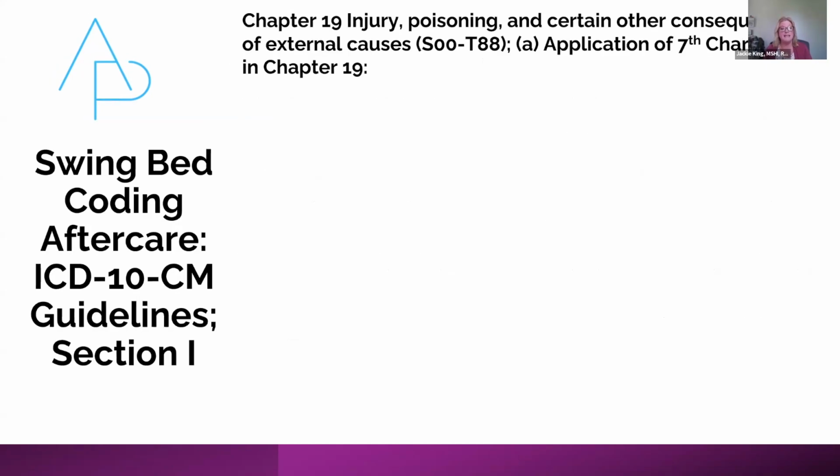Going over to chapter 19 in the ICD-10 guidelines, injury, poisoning, and certain other consequences of external causes. What I mentioned earlier about that 7th character. When you're in this section, there are 7th characters that tell the rest of the story. Is this the very first time, or this person is still receiving active treatment for this fracture?